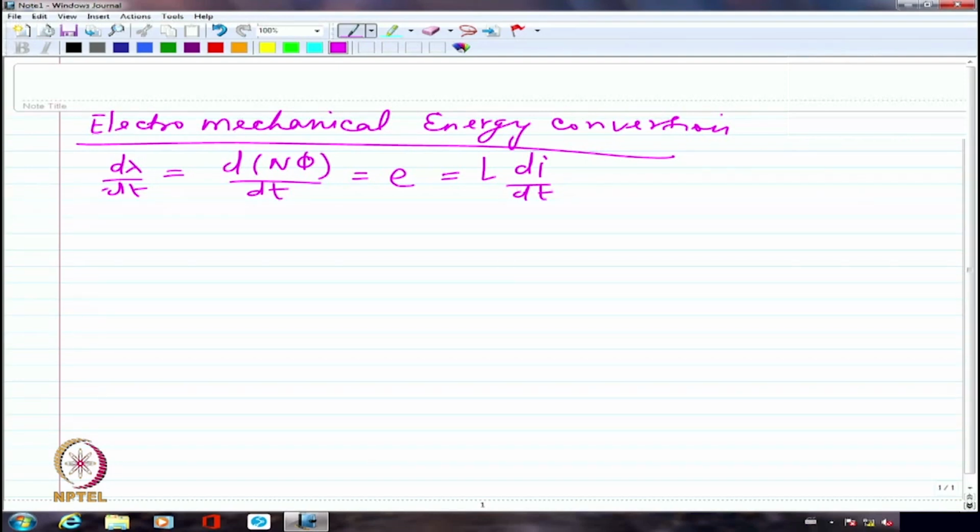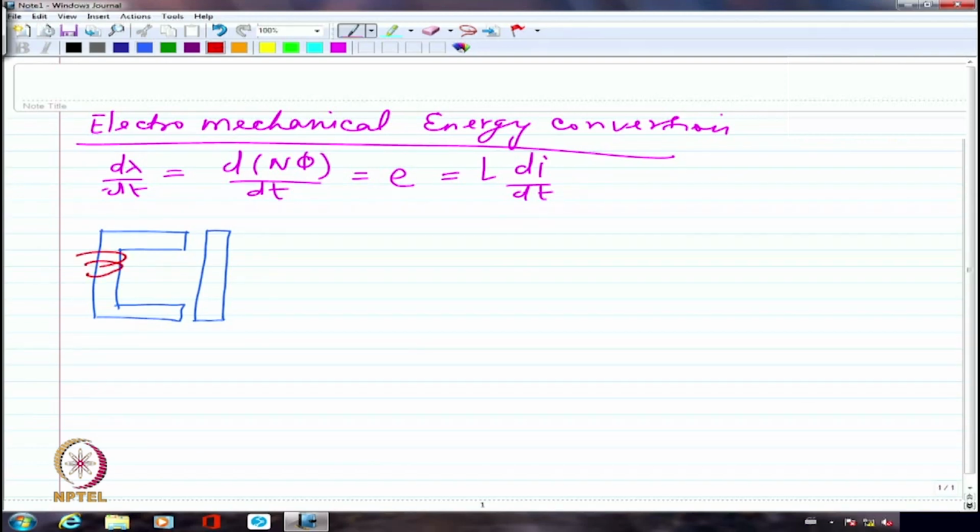So, we considered basically a system somewhat like this. We had looked at a core which is actually C-shaped, and we also took one more rod kind of structure which will be attracted by this electromagnet if sufficient current flows through this.